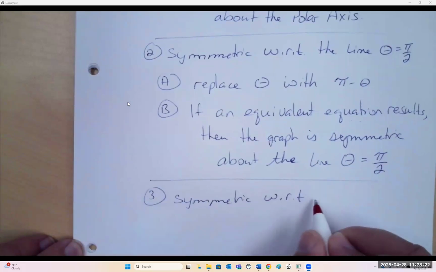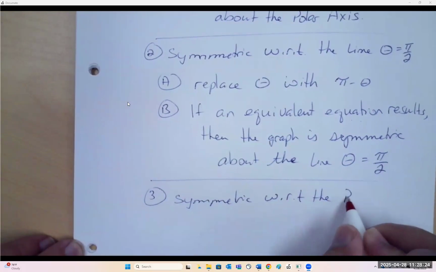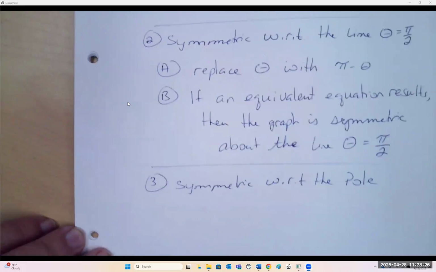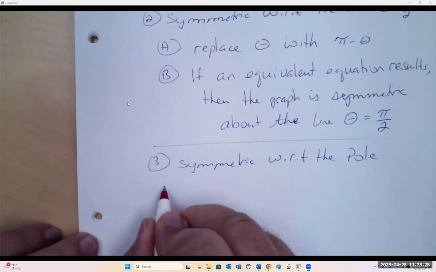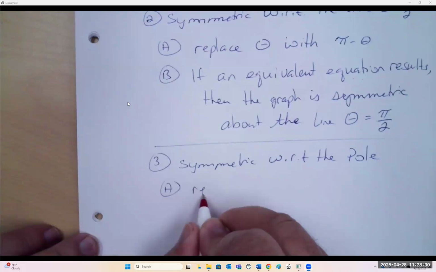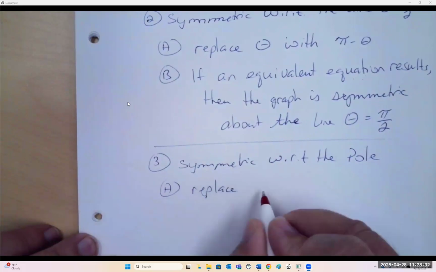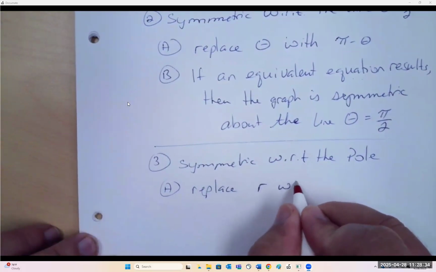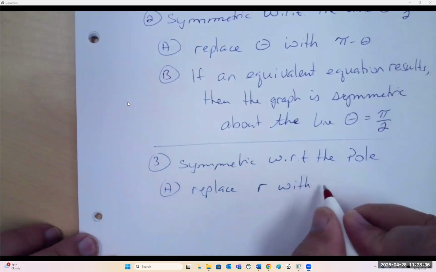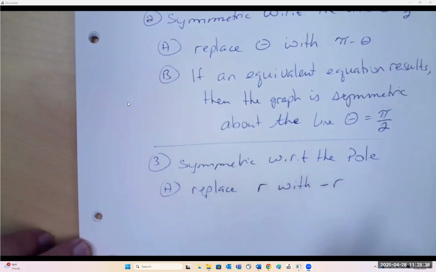Three, symmetric with respect to the pole, which is the origin. Replace r with negative r.